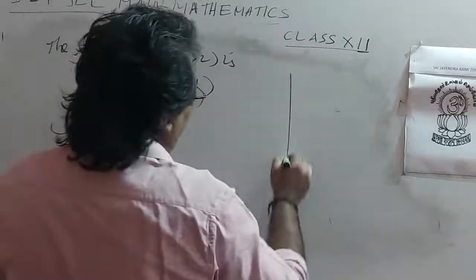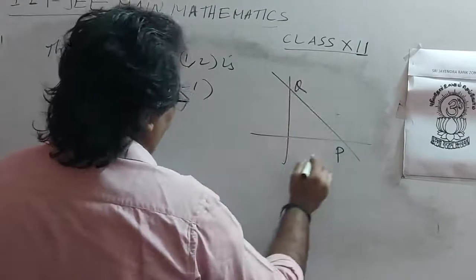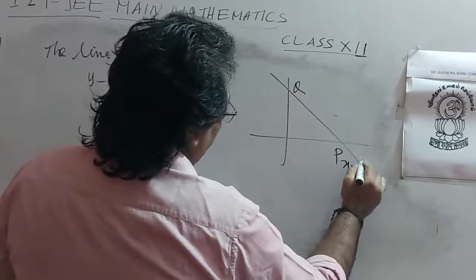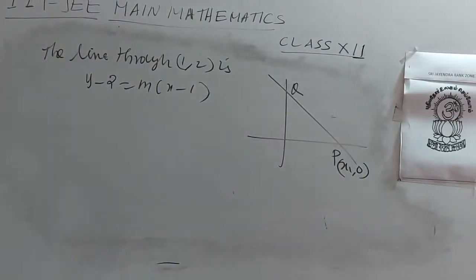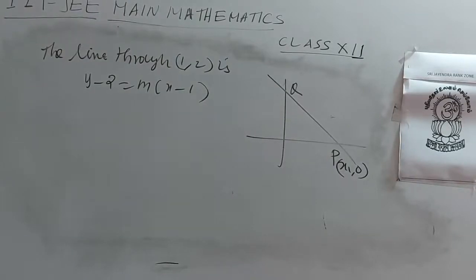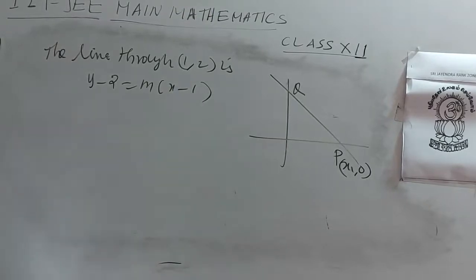So the line meets the coordinate axes at P and Q. Let this point be (x, 0).